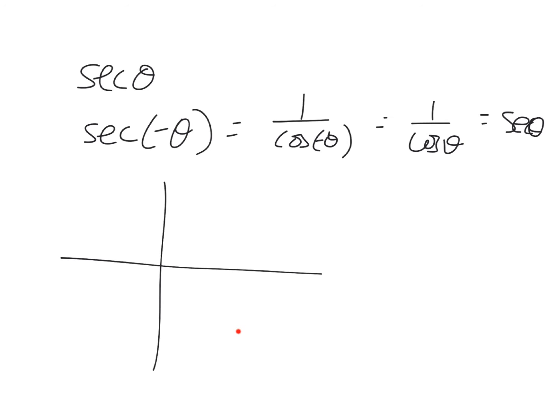So that's why secant and cosine, if you flip the values, you're still going to get the same x value, or same secant or cosine value, because it just reflected over the x-axis, as opposed to the other four trig functions where you will be having to flip the whole sign.